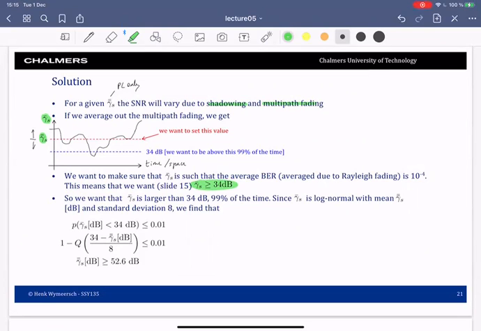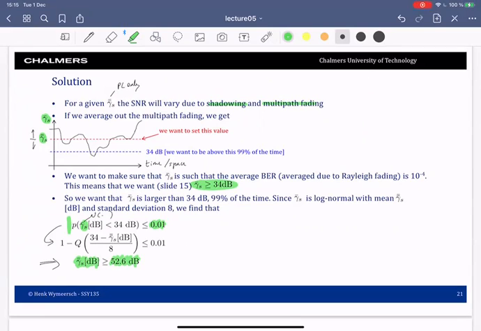So we can write this now in this expression here. Gamma bar S after path loss and shadowing should be below 34 dB less than 1% of the time. And now, since this is a Gaussian random variable with known mean and variance, we can use the Q function to express it like this, which gives us this expression. So we find that the SNR due to path loss only should be more than 52.6 dB.